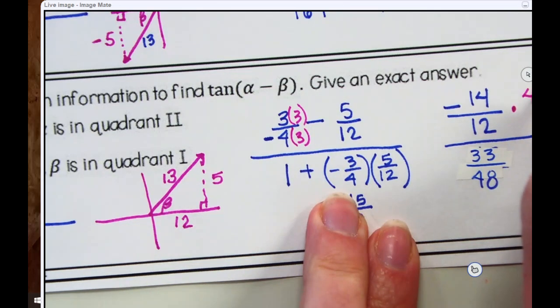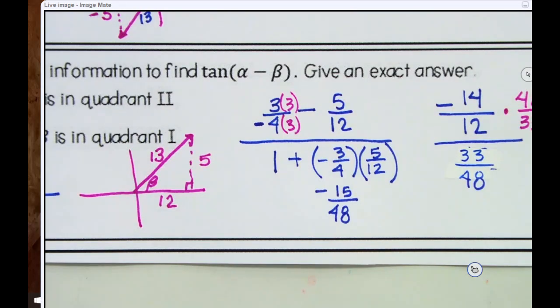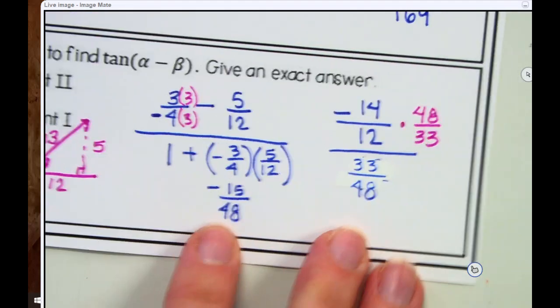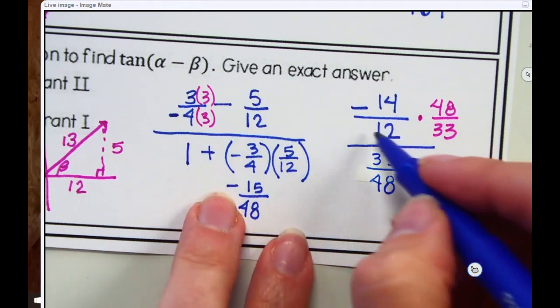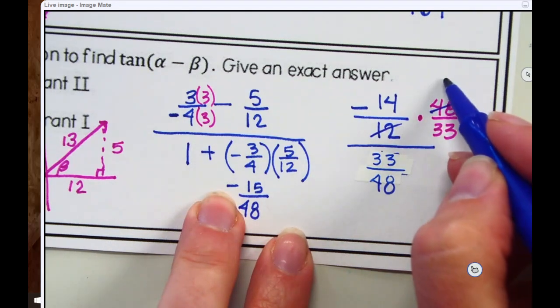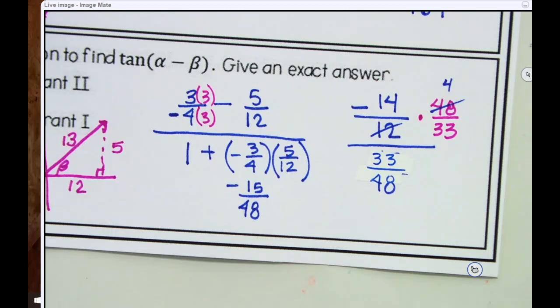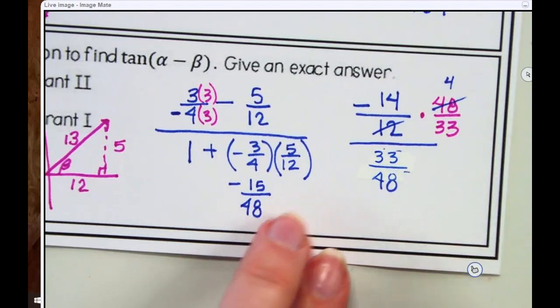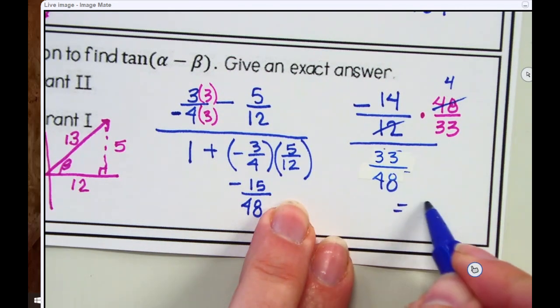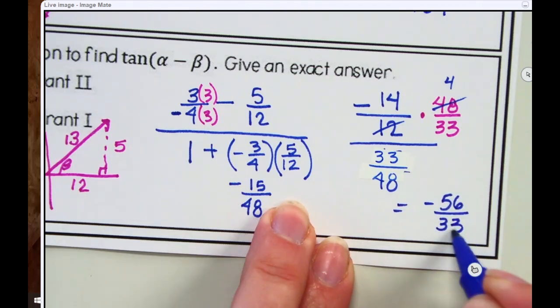Multiply by the reciprocal. Oh, scoot on over. 12 goes into 48 4 times. 14 times 4 is negative 56 over 33.